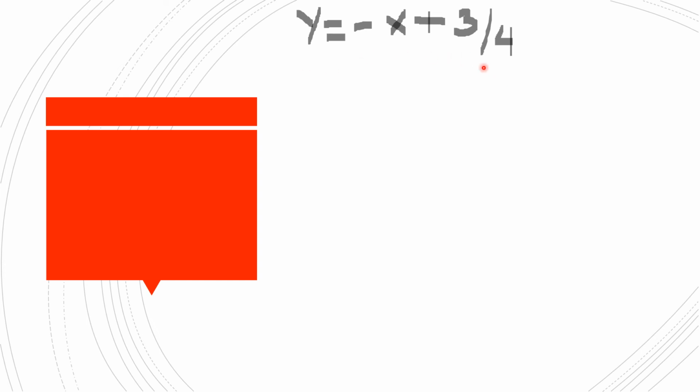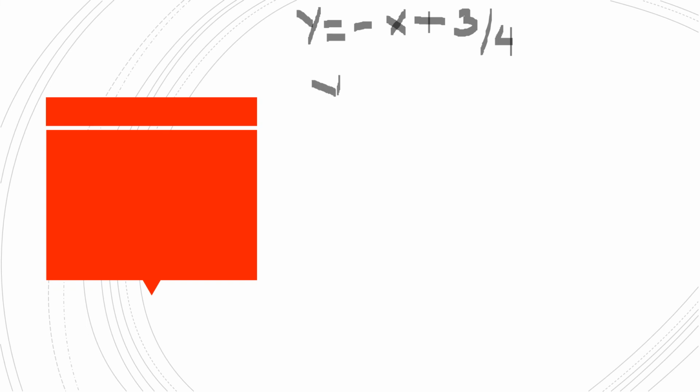So, from our example, our c here is 3/4. So, it should not be a fraction. It should be a whole number. So, if it should be a whole number, what will we do? We should multiply by 4.